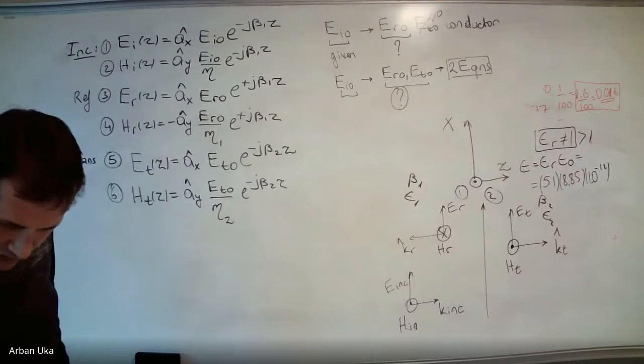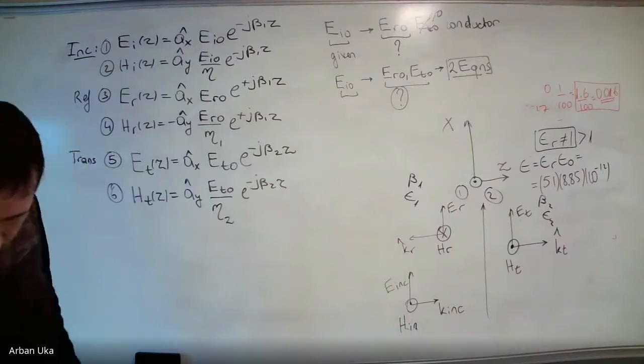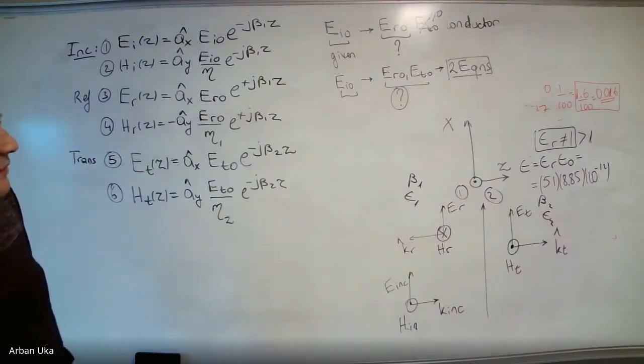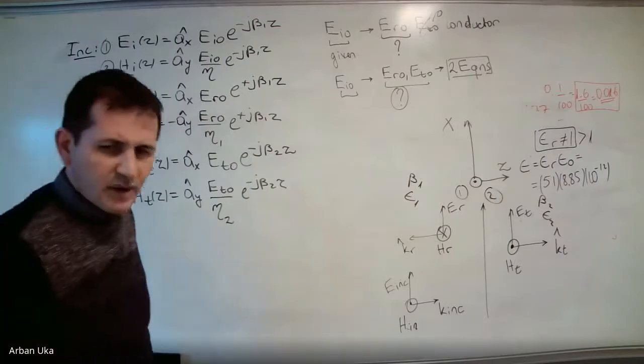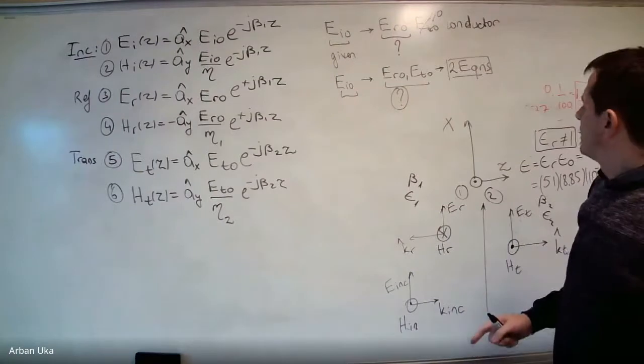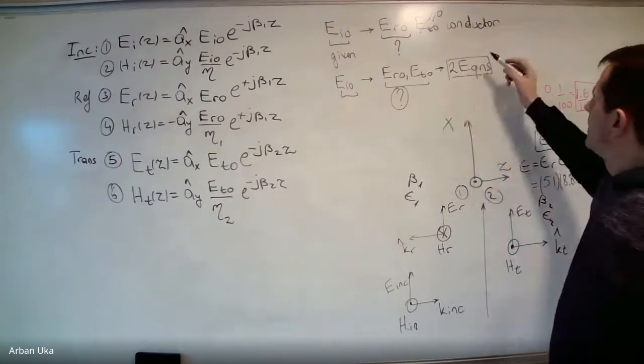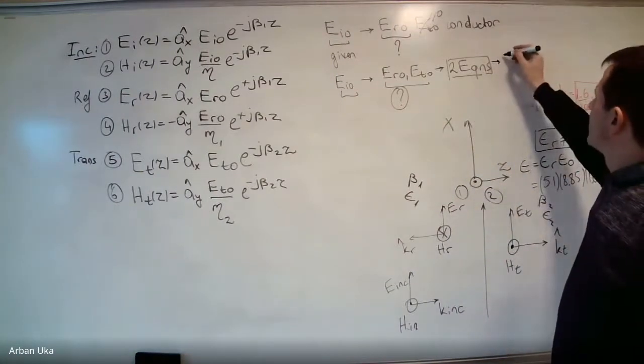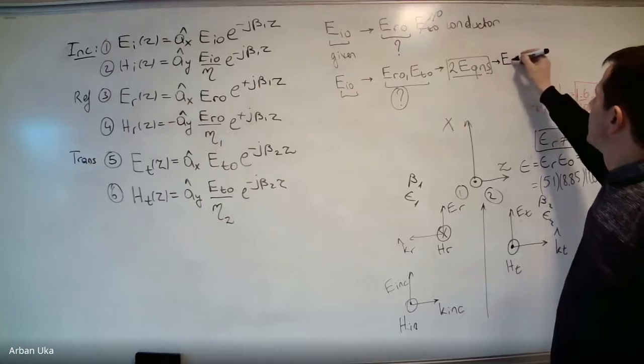We need two equations, and that means we need two boundary conditions. What boundary conditions can we construct in this case? Probably one of them would be the continuity of the electric field, and the other would be the continuity of the magnetic field. So we're going to have the following.